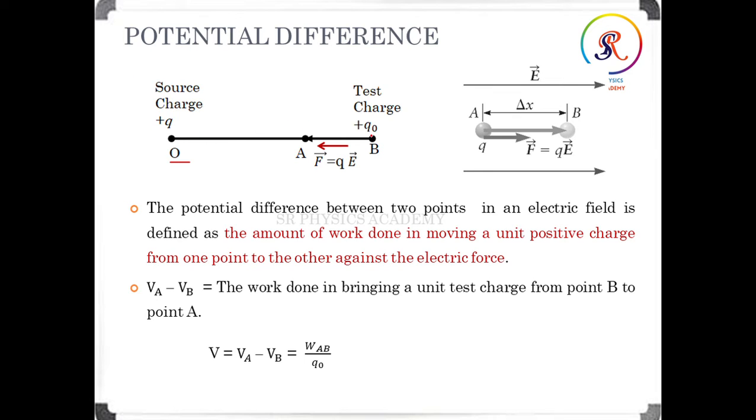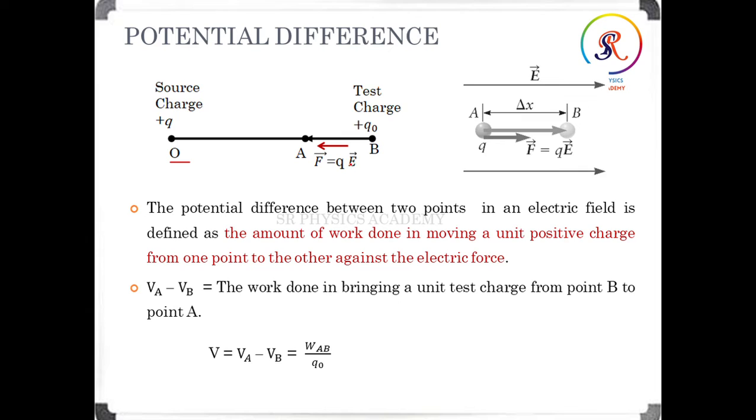This area is the electric field. When the test charge is moving from B to A, further within the electric field, a work W_AB has to be done in moving against the repulsive force exerted by the charge Q.